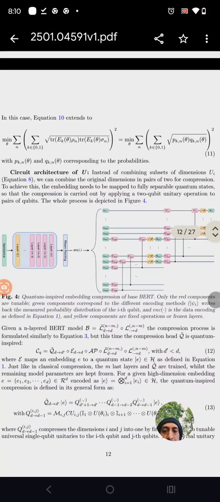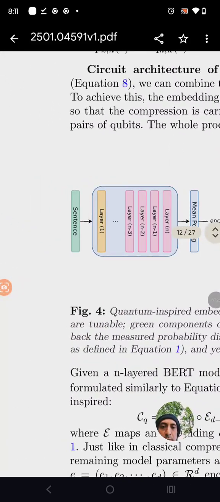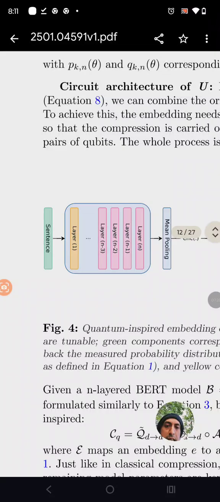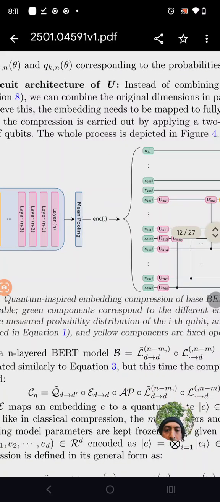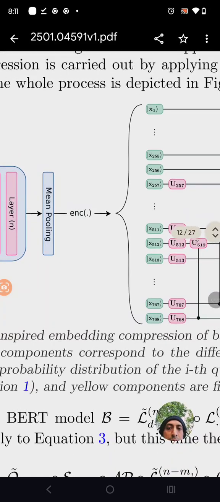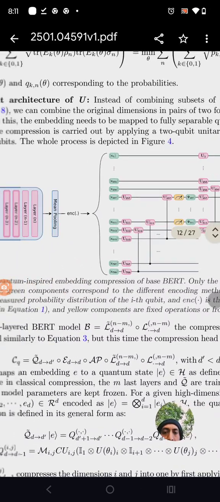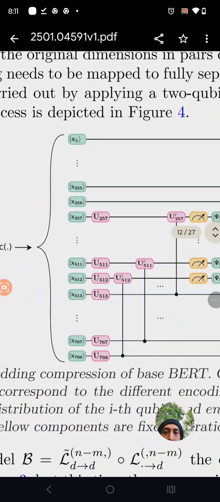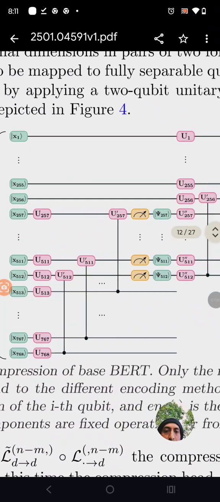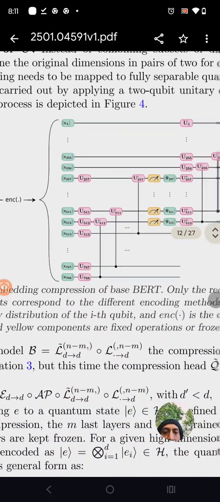So this is the figure for quantum inspired embedding compression of base BART. The first part, sentence, layer 1 up to layer n, then mean pooling, is from classical BART. Then comes the encoding. Then we have this x1 up to x768 quantum bits, qubit representations. Only the red components are tunable. Gate components correspond to the different encoding methods.